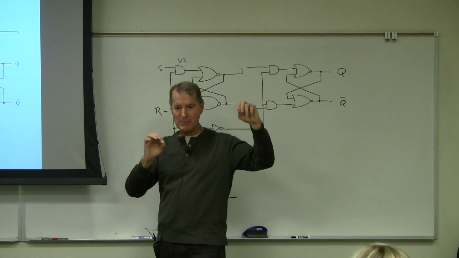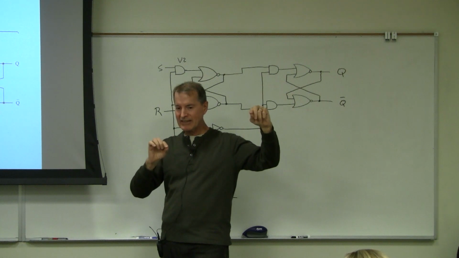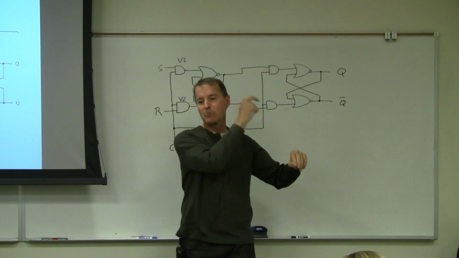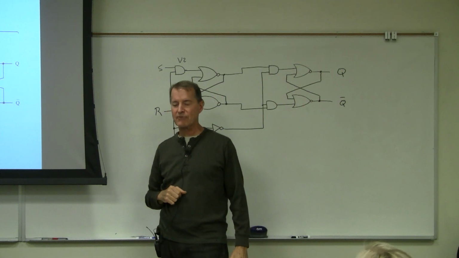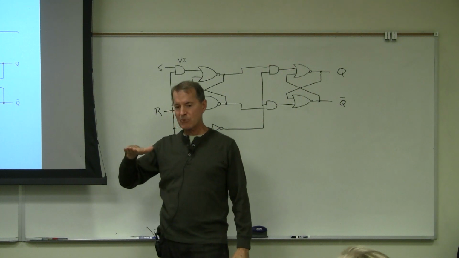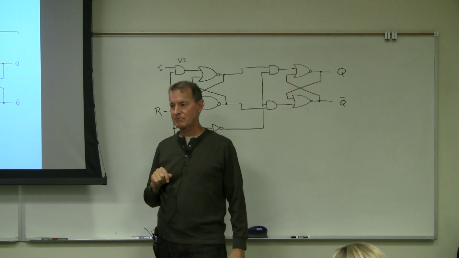Because that's right in the middle. So if you gradually increase it from 0, once it gets to 2.5, all of a sudden, bloop, it would flip. The output would flip off. The voltage at which that transition happens is called the threshold voltage.